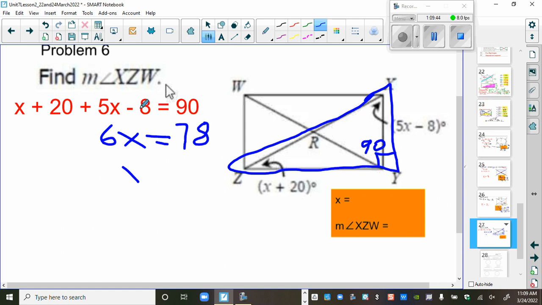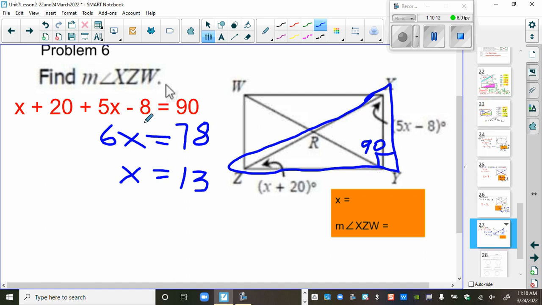Okay, 20 minus 8 is 12. So 90 minus 12 is 78. Okay. Check. I mean, I'm getting x equals 13. Anybody else? Yeah. You sure? Yeah, I got x equals 13. Yeah, it is. So x is going to be 13 in the end.